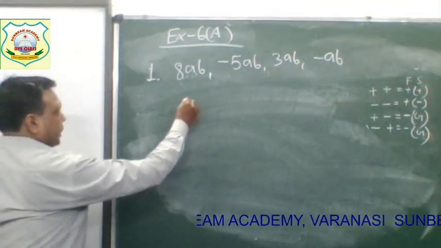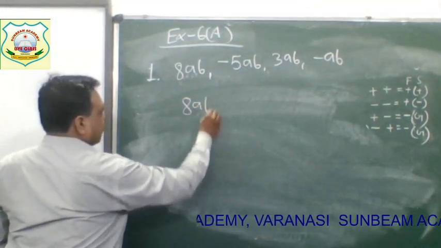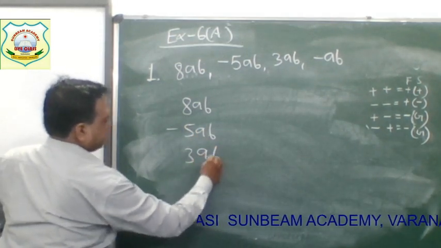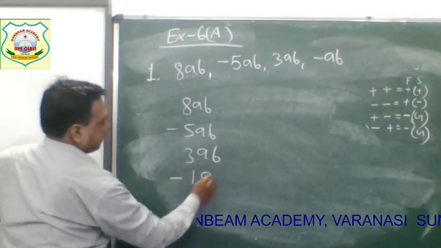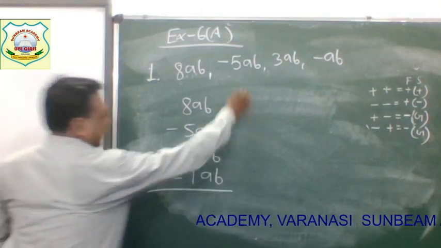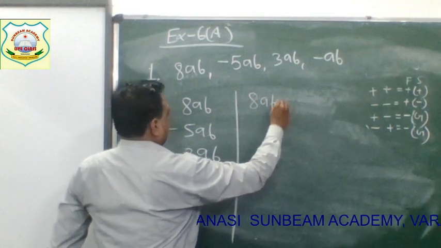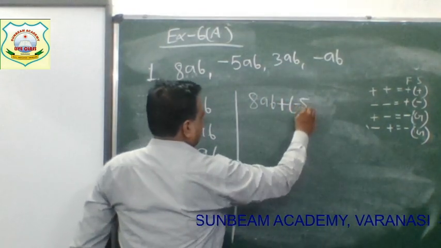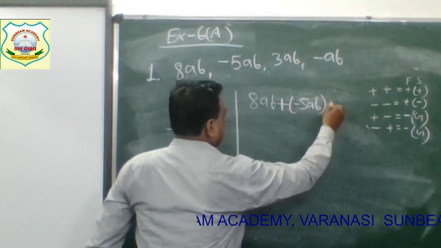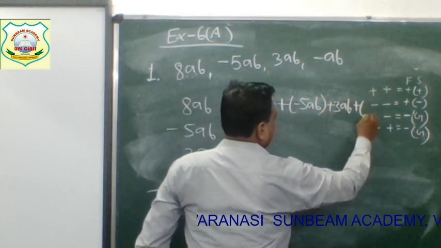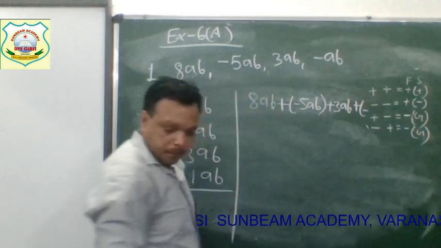We have both methods. Vertical method, we will do it this way. And horizontal method, 8ab plus minus 5ab plus 3ab plus minus 1ab.